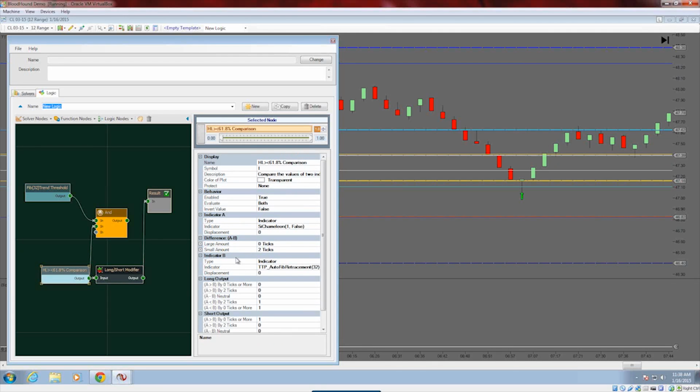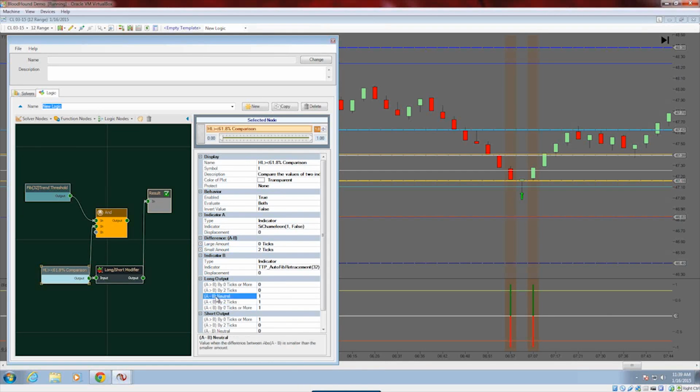See, when I use 2 for the small amount, it updates for these. Okay, A minus B is neutral. A minus B is going to be the small amount. So actually A minus B is 0, and then we're allowing the range from 0 to 2 ticks. So that will show us anytime there's a bar that is within 2 ticks from the line.